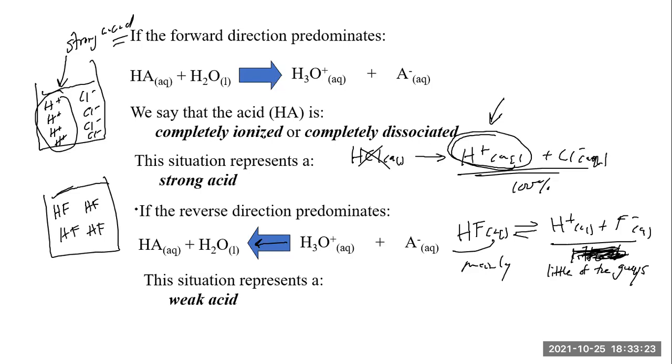So you've got a little bit of these ions floating around. So in addition to the HFs that you have, you do produce a little bit of H plus and F minus floating around. Because it still has the ability to produce H plus, even though much less than a strong acid would, it's still considered an acid, but obviously nowhere near as strong as something like hydrochloric acid, which just completely produces H pluses because it breaks apart. HF, hydrofluoric acid, will stay together. Something like acetic acid is also a weak acid, and a weak electrolyte will mainly stay together.